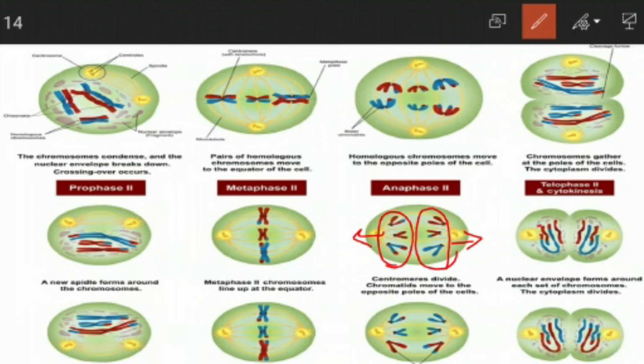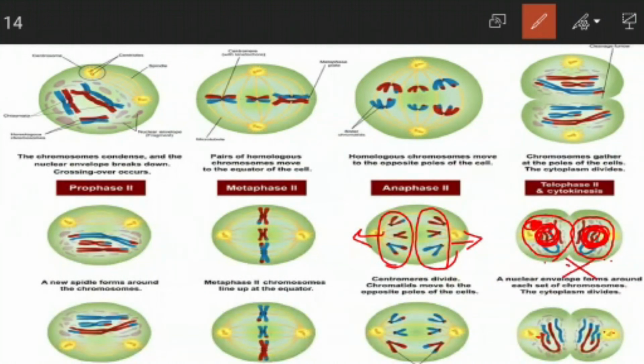Now what happens in telophase? The daughter chromosomes gather at one pole. Here also daughter chromosomes gather at the other pole. The same thing is happening in the other cell also. Now there is formation of the nuclear membrane, meaning from one nucleus, two nuclei are formed, and the nucleolus reappears. Now there is no use of spindle fibers, so spindle fibers disappear.